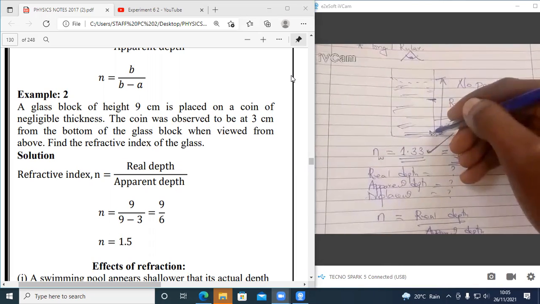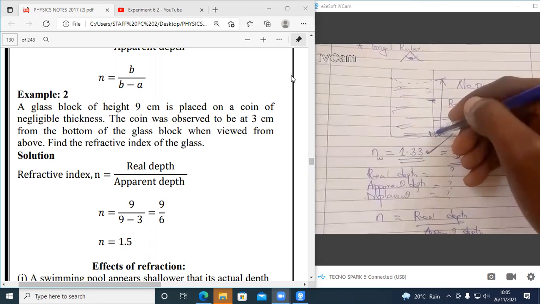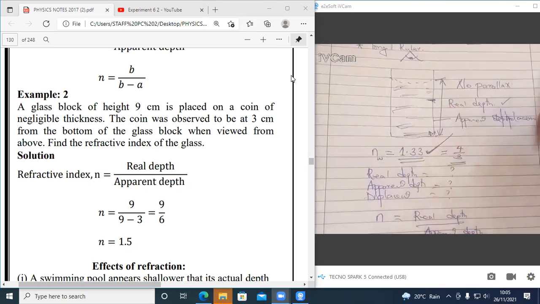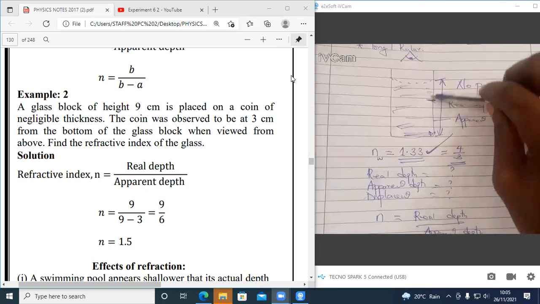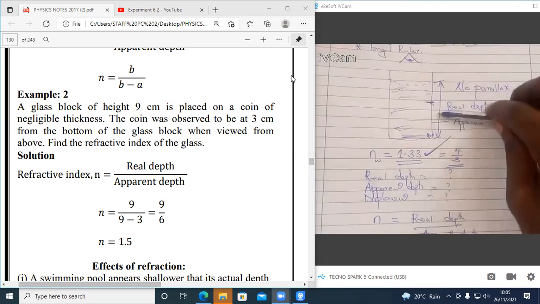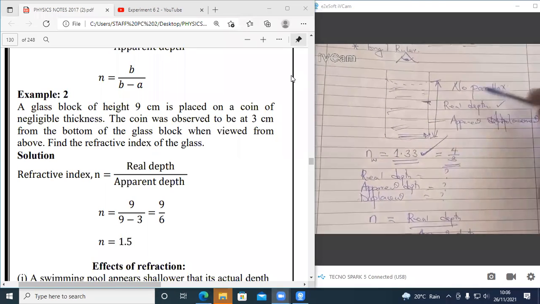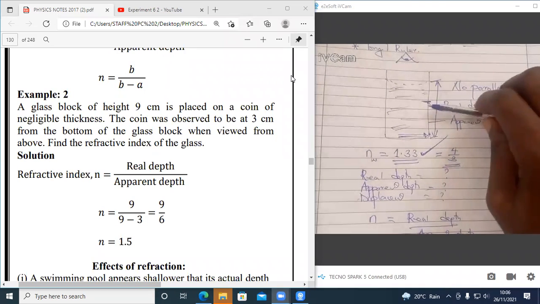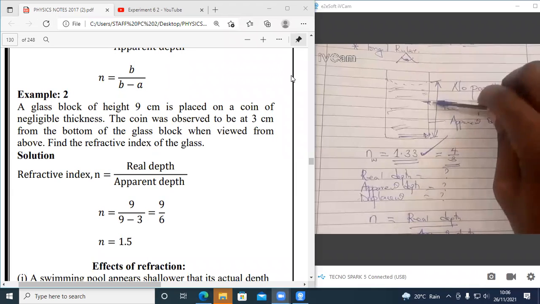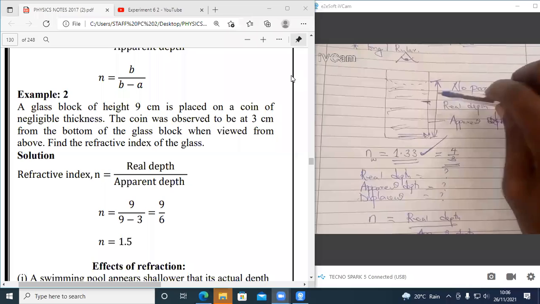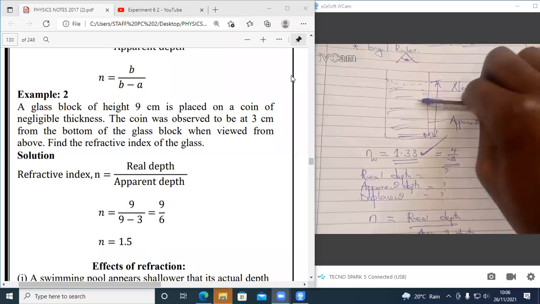Then the needle must be touching the edge of the glass. Get two of them. One, you keep on adjusting outside until you see that they are coinciding, until there's no parallax between the image of the pin and the one outside. That will determine where it appears to be.